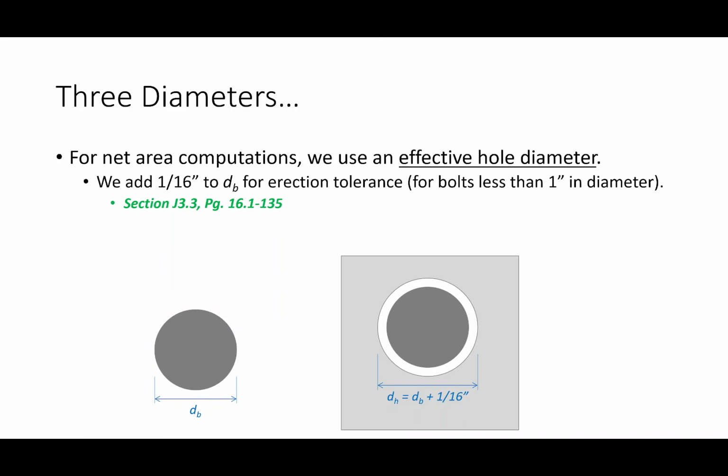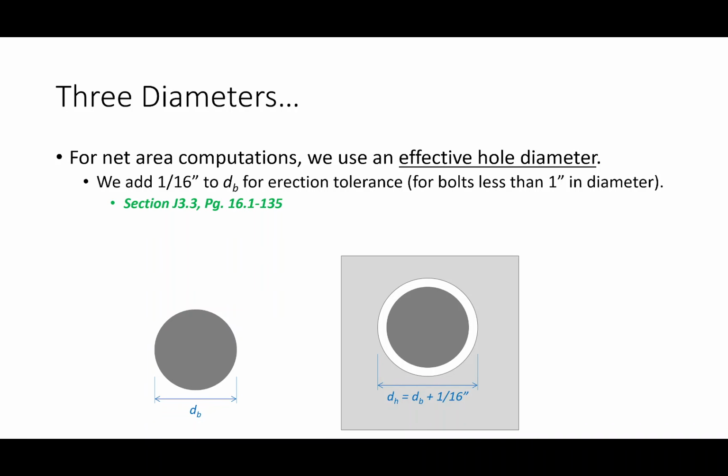I drill a hole that is 13/16 in diameter, because the hole has to be just a little bit bigger than the bolt in order to be able to put it together. Anybody who's ever done any sort of work on a car or work in a garage knows that the bolt hole has to be just a little bit bigger than the bolt. And standard size bolts in structural steel connections are 1/16 of an inch larger.